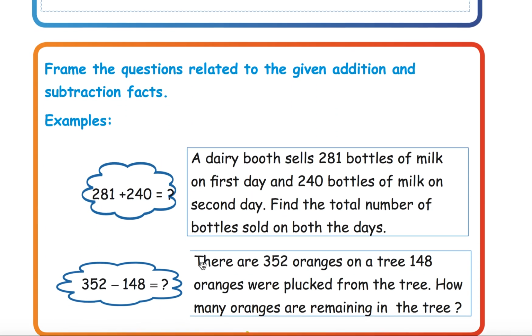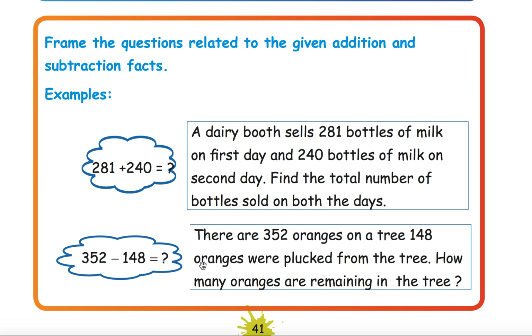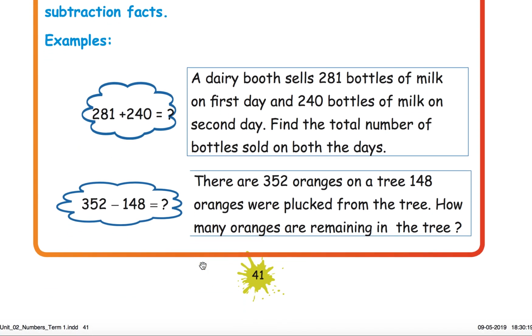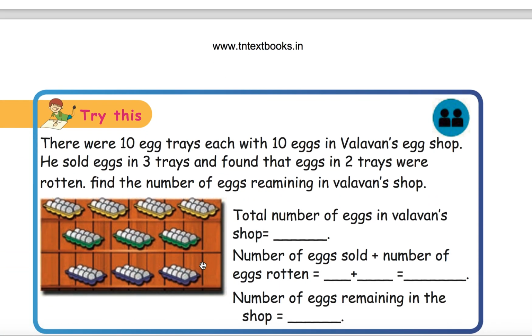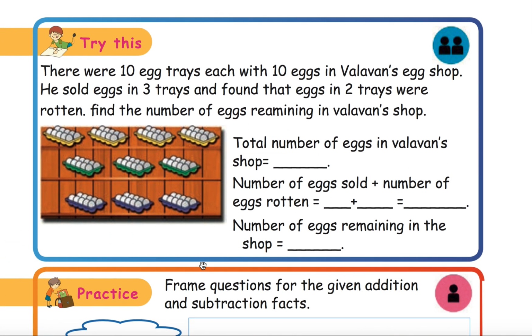Frame the questions related to the given addition and subtraction facts. There were 10 egg trays, each with 10 eggs, in Valvan's egg shop.